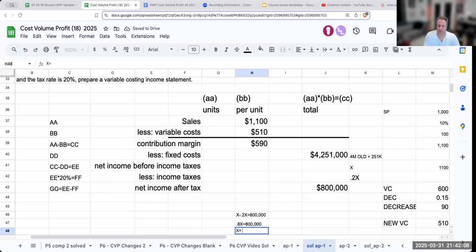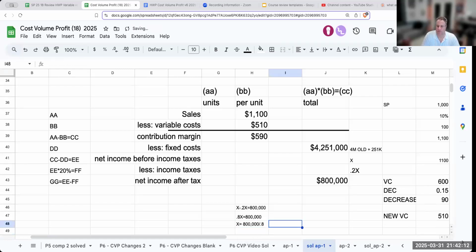X is going to be equal to 800,000 divided by 0.8. So if I take this, I'm going to get $1 million. I need to make sure this works. 20% of $1 million is $200,000. So right over here, my net income after tax makes sense.